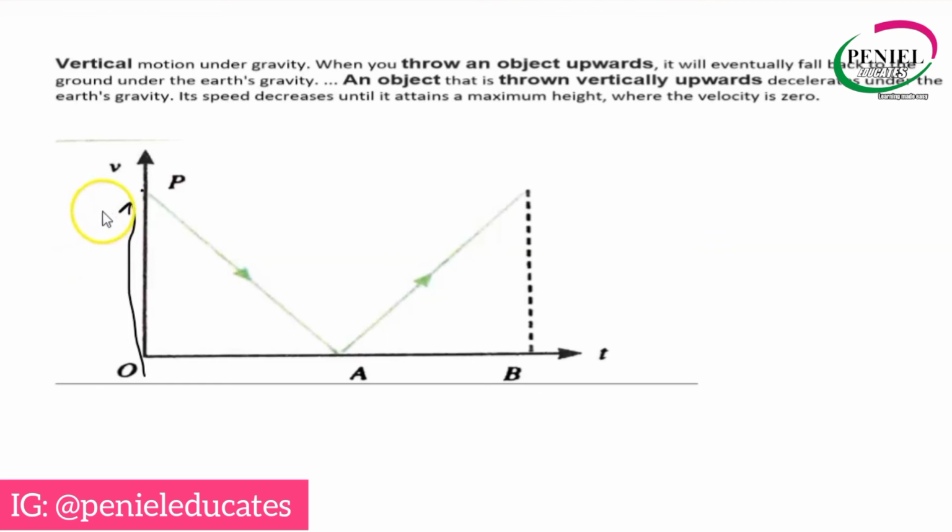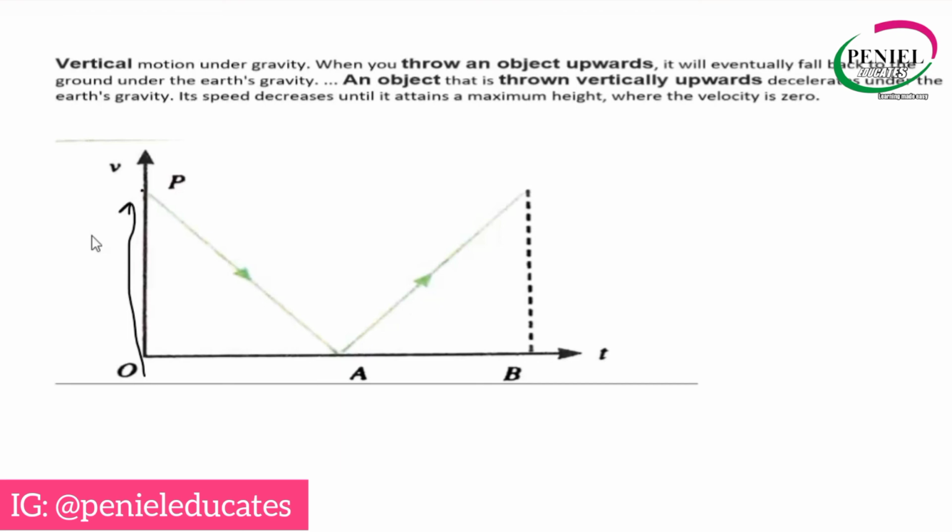Now, for the motion of a ball thrown vertically upward, we should understand that the object is going to fall back to the ground under the Earth's gravity. So if an object is thrown vertically upward, it decelerates, or we say that it undergoes retardation under the Earth's gravity.